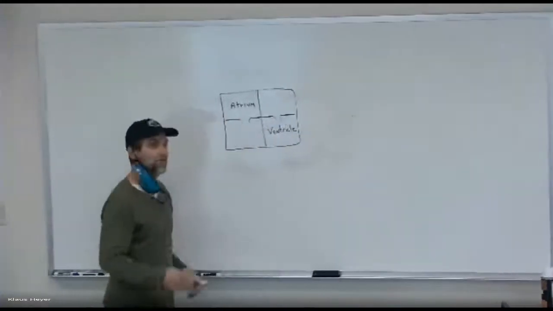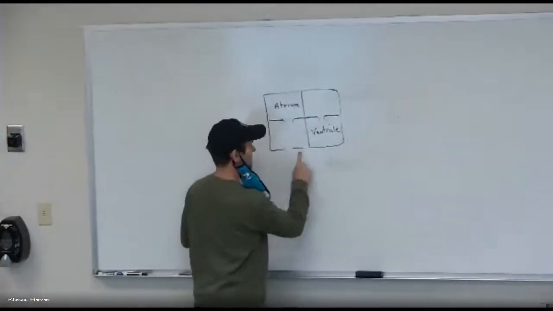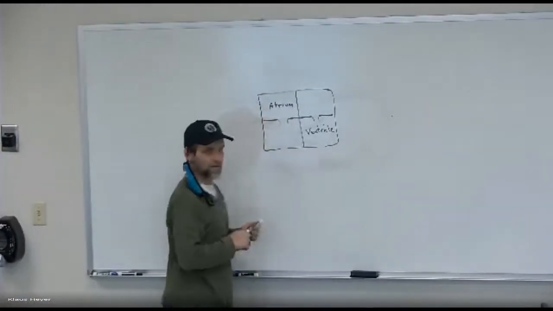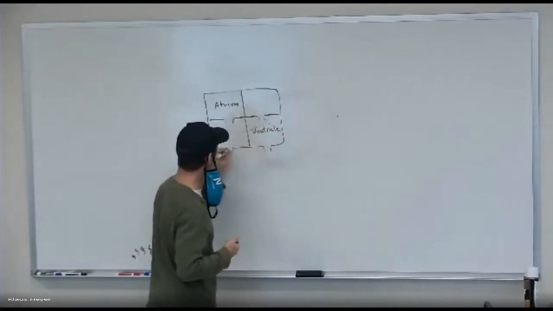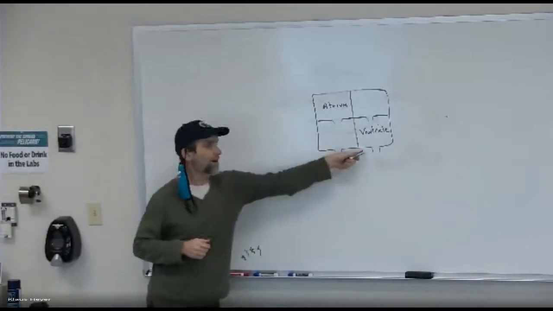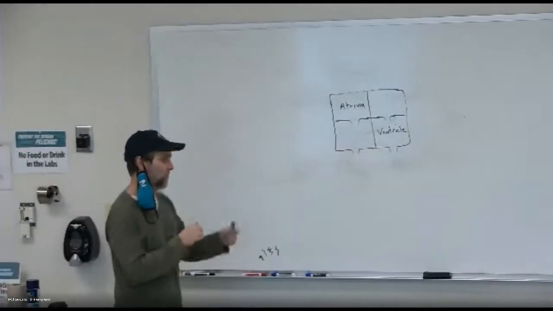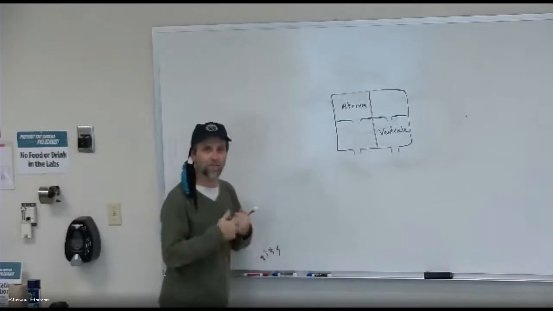You've also got 2 valves when you leave the ventricle. And I'm not writing them in the right place, I'm just trying to get you to see how the heart works. You've got 2 valves when you leave the ventricle, and that's because once the blood leaves the heart, it needs to stay out of the heart and not come back in.